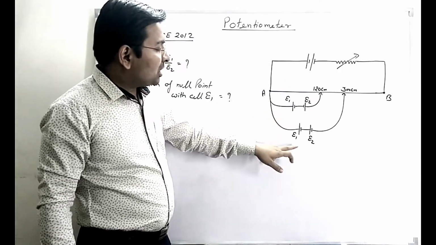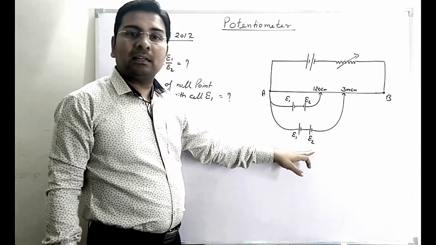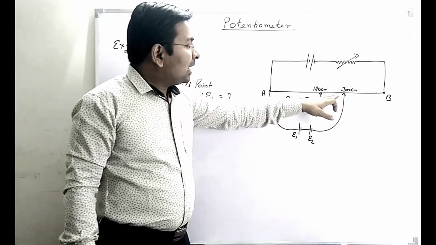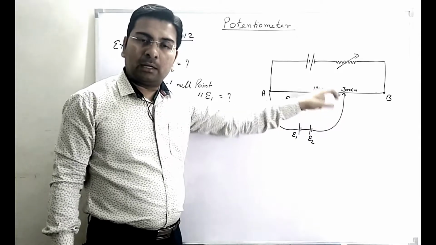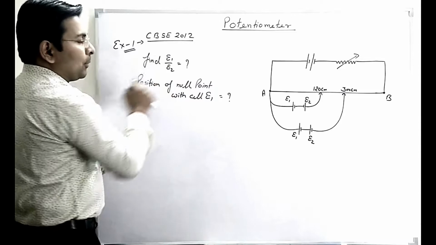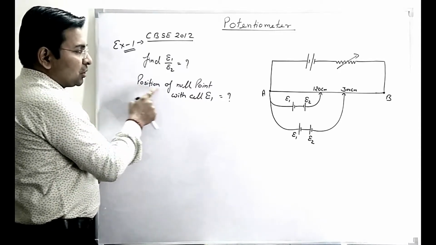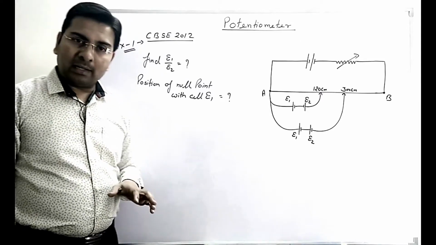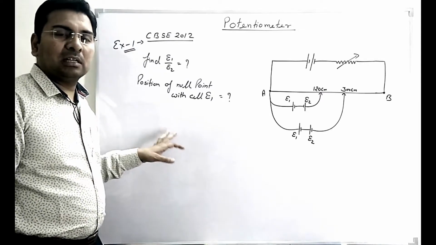In the second position the two cells are connected such that they are providing current in the same direction. Now the null point length is 300 centimeter. The question is to find the value of E1 upon E2 and the position of null point with the cell E1 in the circuit. This is the data given to us.